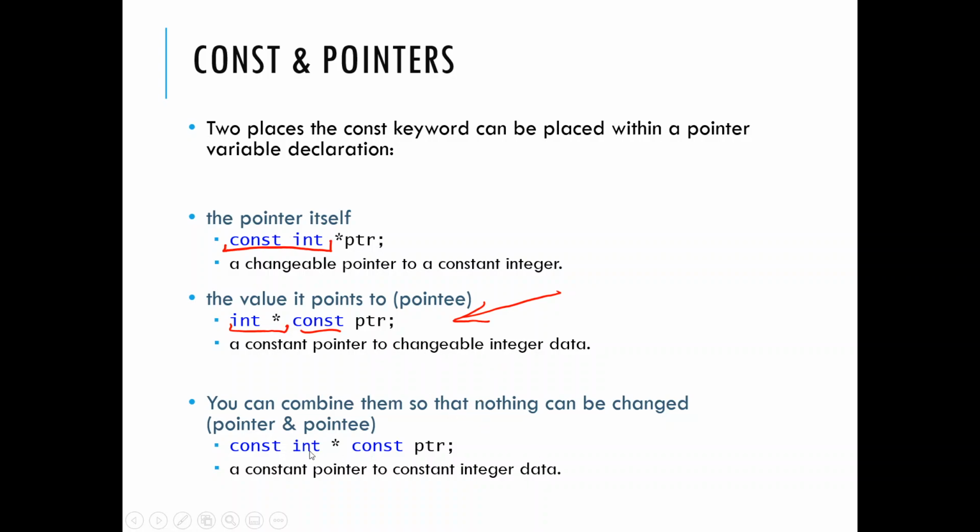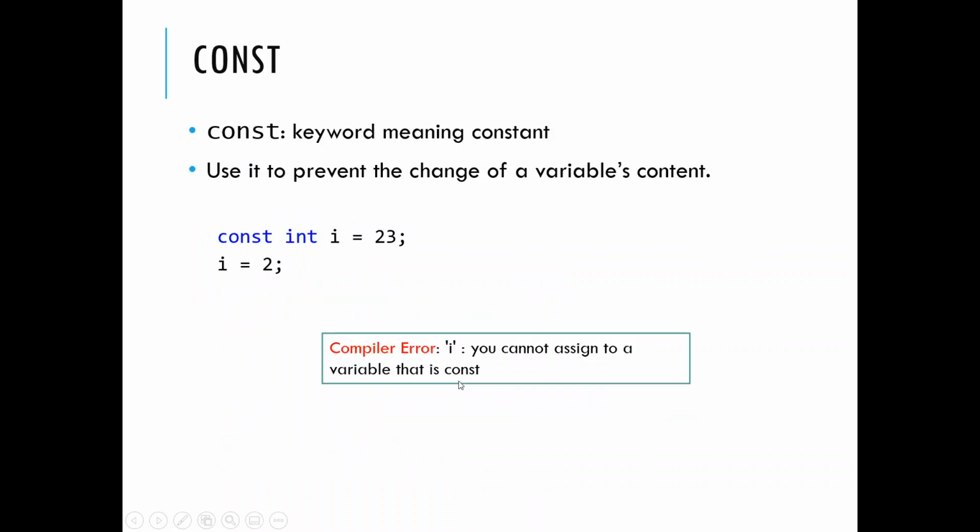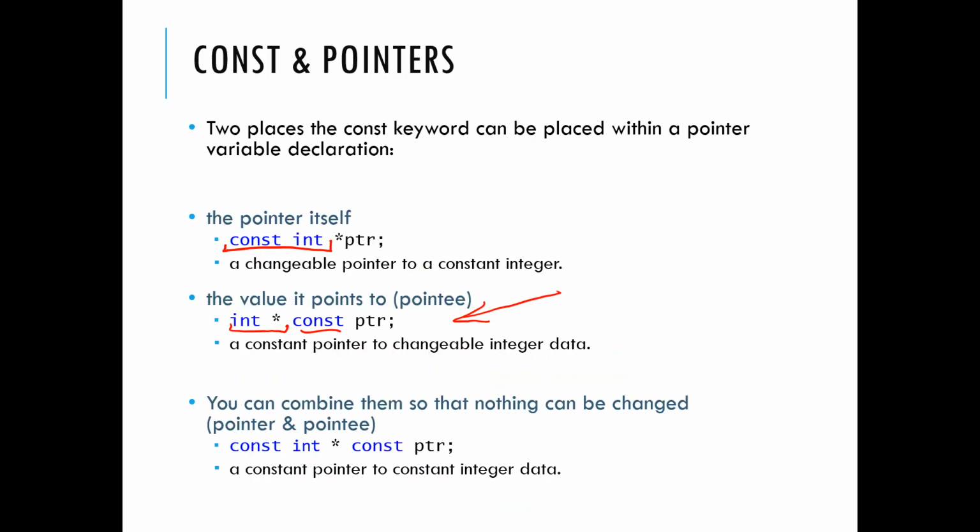And you can actually have constant integer pointer to constants. So it is a constant pointer to a constant integer. I cannot change the integer. I cannot change the pointer. In case you really want to lock that thing down. So if I have a number like we had in the previous slide, like I is a constant and it's 23, I can point to something like that 23.